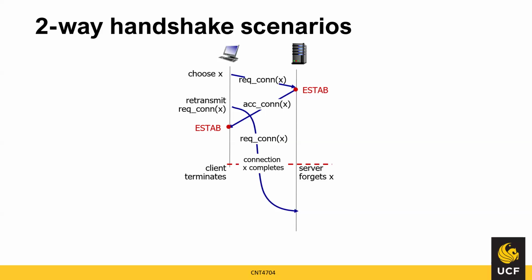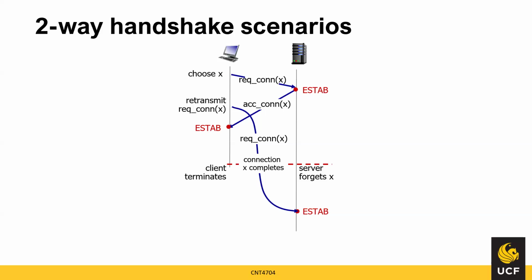Let's suppose that the client doesn't hear back and assumes the message was lost. So it would retransmit the same request, and that is usually normal because TCP would try again if it thinks it got dropped. The server receives the duplicate request after the first initial connection already, and it would treat it as a new connection. It doesn't know that that is part of the old connection that we had.